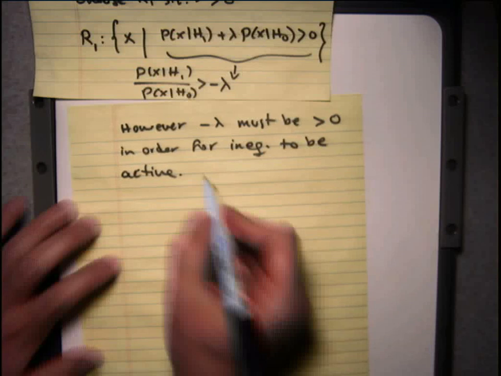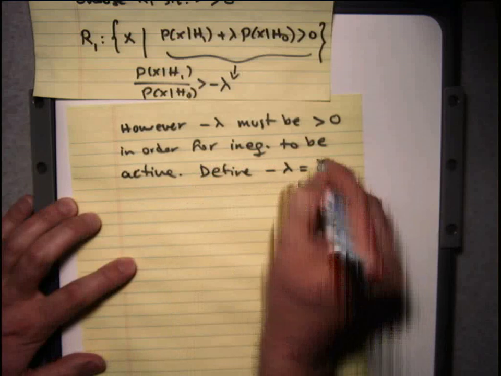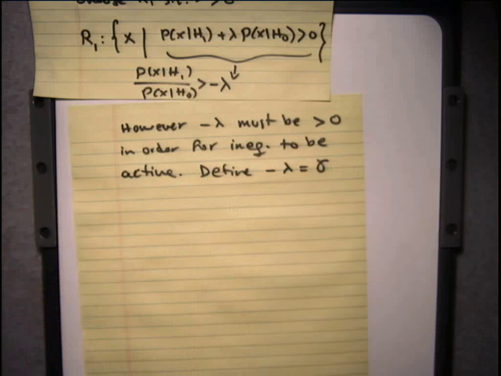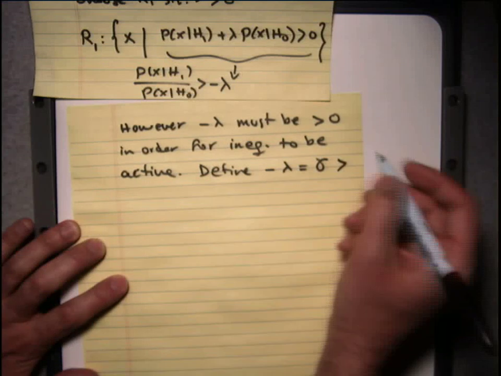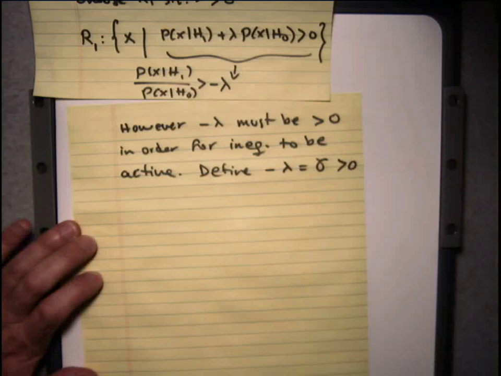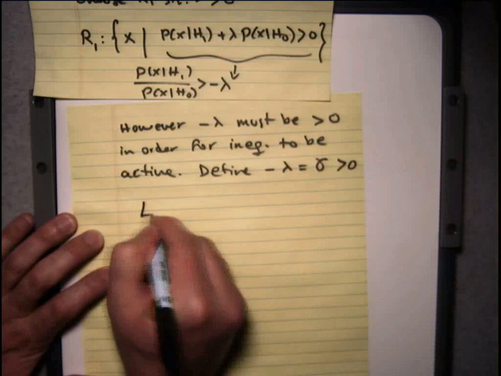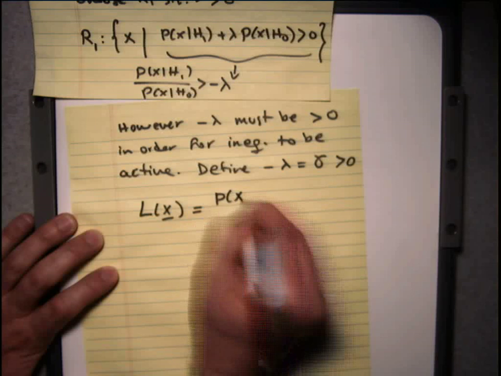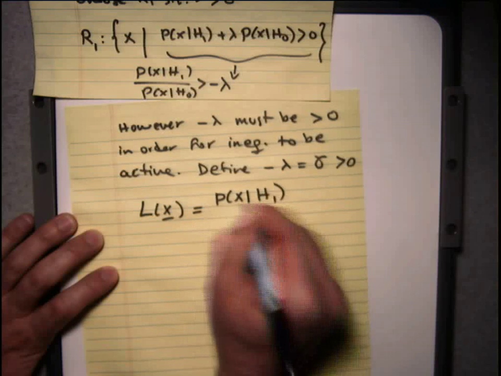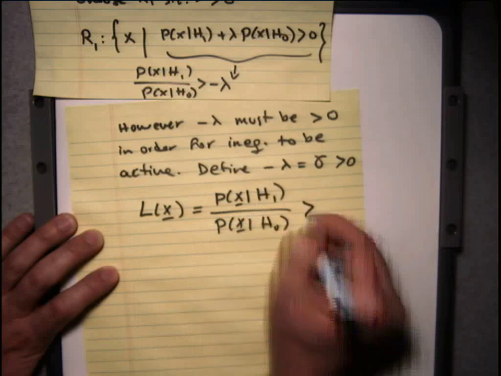So what we do is define this minus lambda to be some threshold gamma, which is bigger than 0. And so what we have now is L of x, which is p of x given h1 divided by p of x given h0, bigger than gamma.